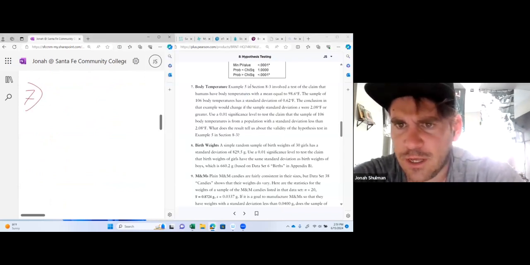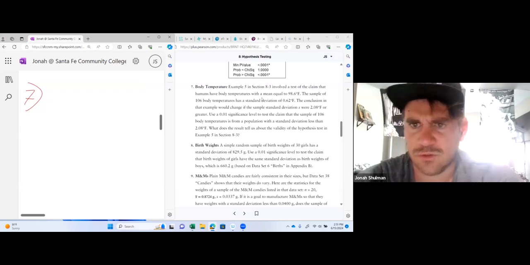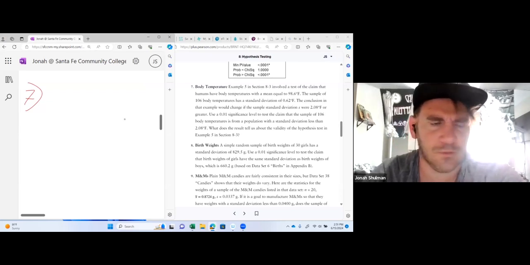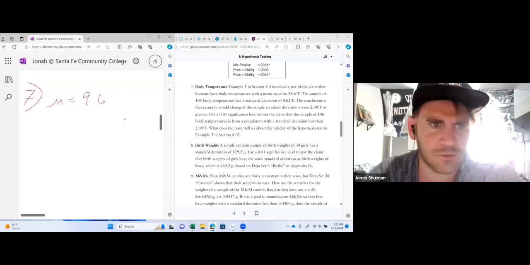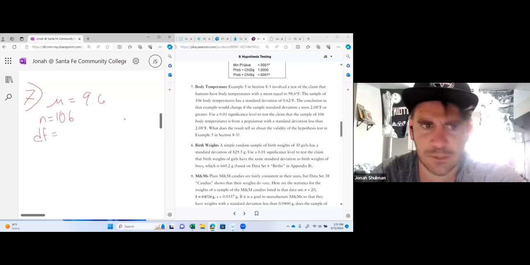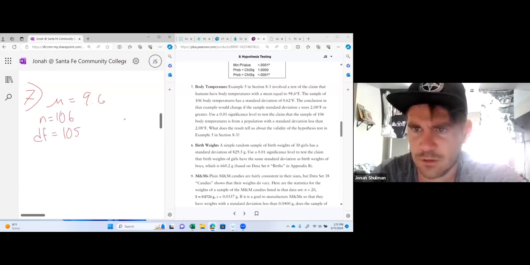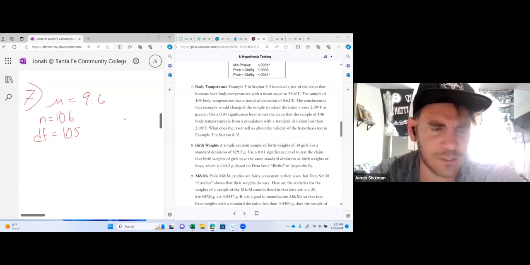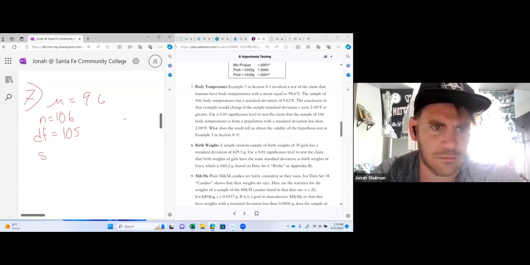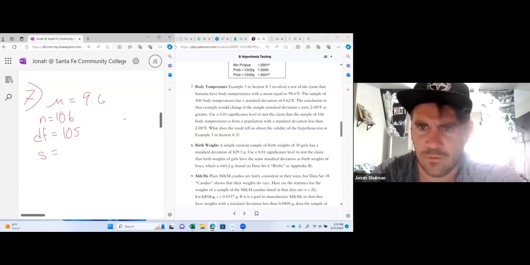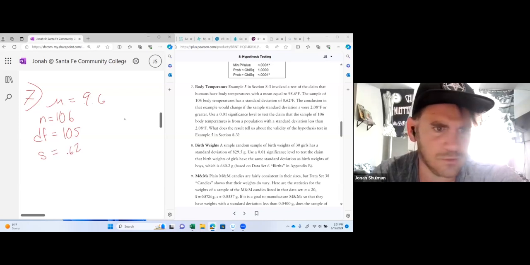In example 5, 8-3 involved a test to claim that humans' body temperatures have a mean. Okay, so our sample mean is 98.6. Sample of 106, so our n is 106, which makes our degrees of freedom equal to 105. It has a standard deviation of 0.62.